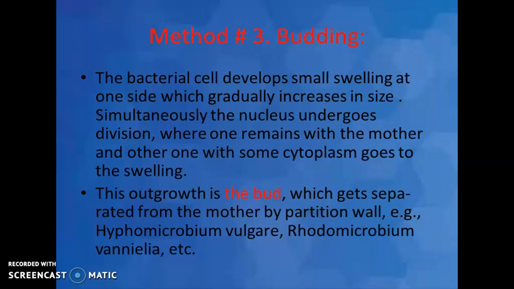Nucleus here means the chromosome portion, where one part remains within the mother and one goes with the cytoplasm to the swelling. This outgrowth is known as what? The bud. This bud gets separated from the mother by forming a partition wall. Examples of budding occur in Hyphomicrobium vulgare and Rhodomicrobium vannielii.